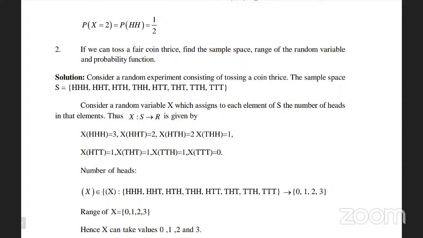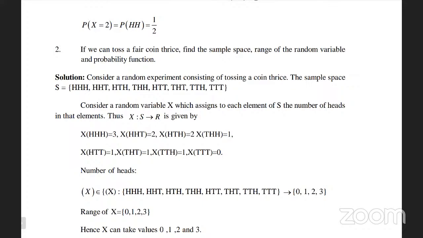This is called the total sample space. How many? 2 power 3 is 8. 8 samples are there. HHH is 1, HHT is 2, HTH is 3, THH is 4, HTT is 5, THT is 6, TTH is 7, TTT is 8.